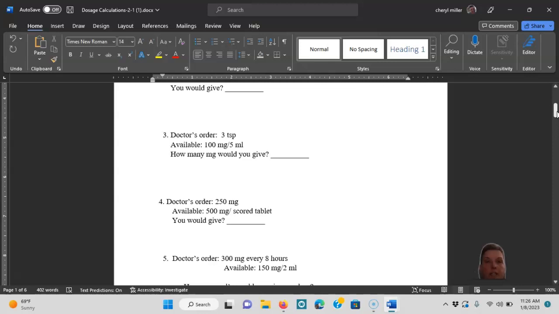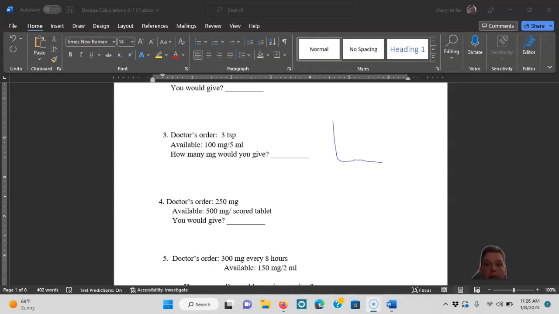So the first thing I need to know is how many milliliters equals a teaspoon, right? So if I draw a little cup next to my paper and I write a line across at 5, a line across at 15, and a top line at 30, that's literally all I need to know.